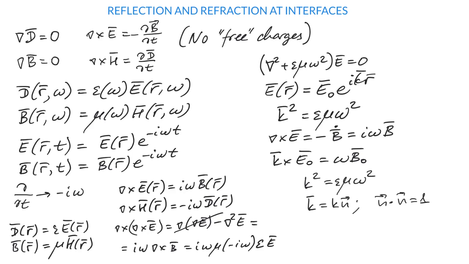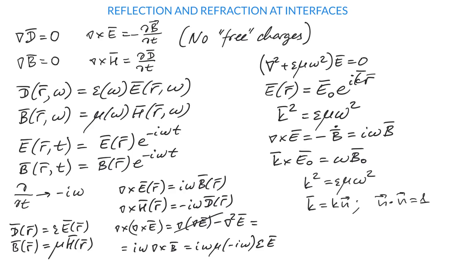But we'll allow a possibility that the wave vector k has an imaginary part. This will correspond to a wave that is evanescent. This will be the case where a beam of light is incident onto an interface under the conditions of total internal reflection, where all the energy is supposed to bounce back from the interface, but there will be an exponentially decaying wave on the other side of the interface.